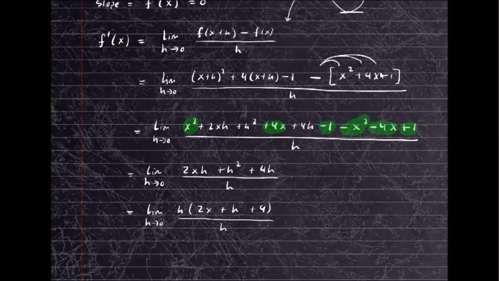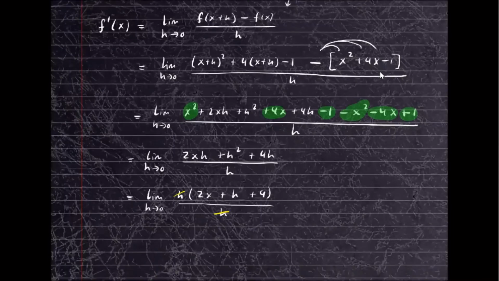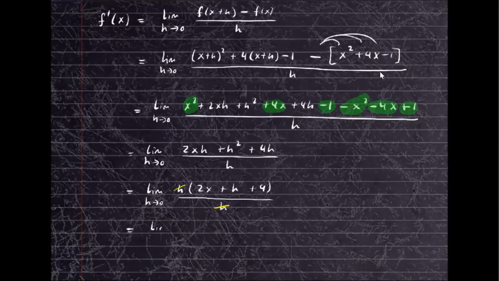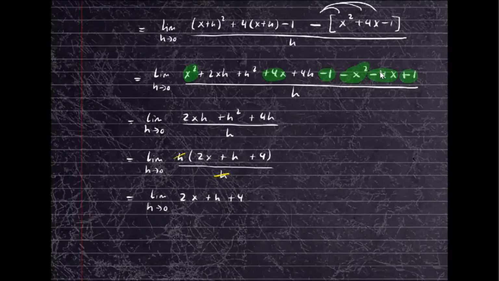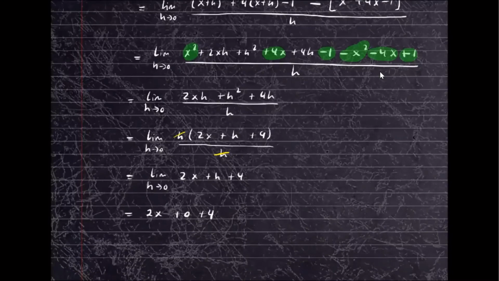Now here, we can cancel out the h's. Then we're ready to take the limit. This is equal to the limit as h approaches 0 of 2x plus h plus 4. And now I can substitute in h equals 0. That is 2x plus 0 plus 4. So our derivative of this function is simply 2x plus 4.